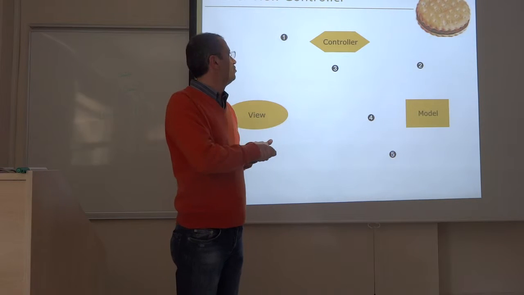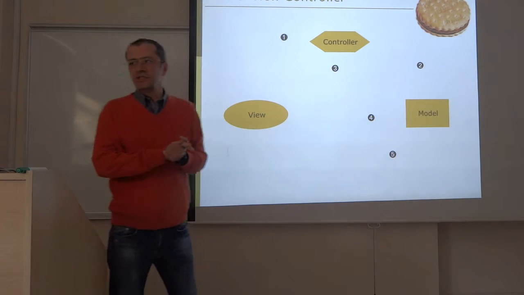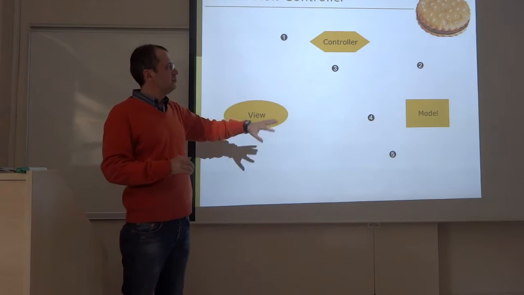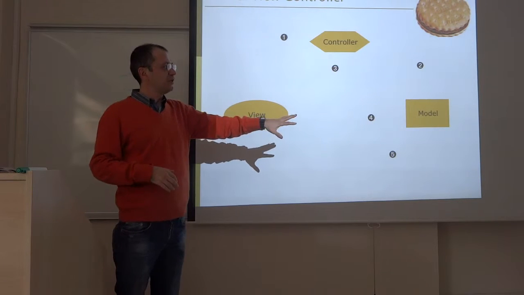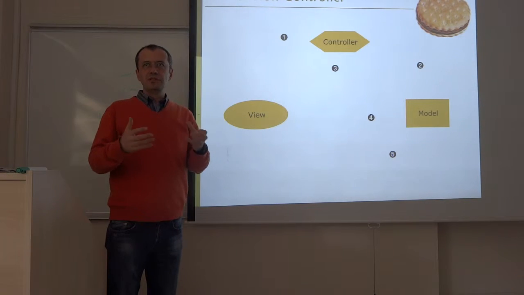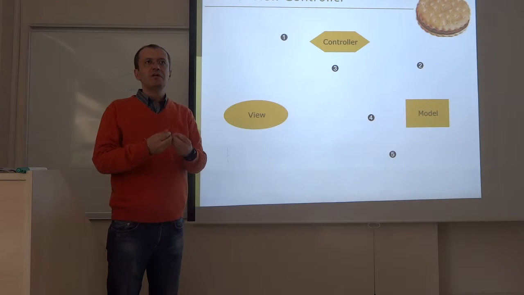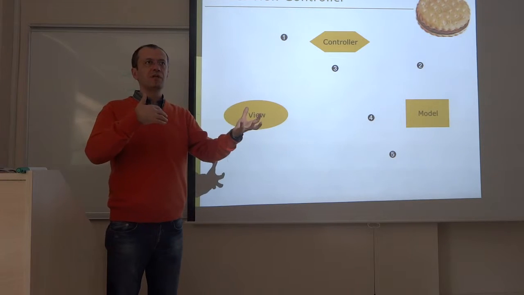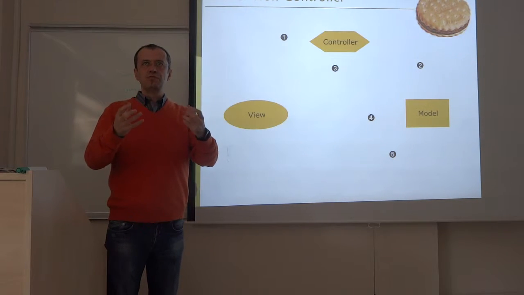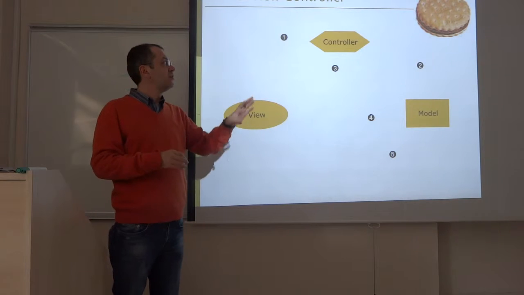So, okay. Step by step. One, what happens is that we have a controller, a view, and a model. Model is like, it could be the business model. It is the core. It knows exactly what will be transformed into something else. What are the rules? Everything is kept there.